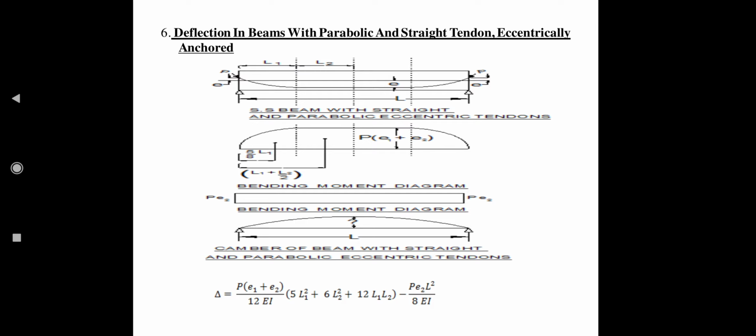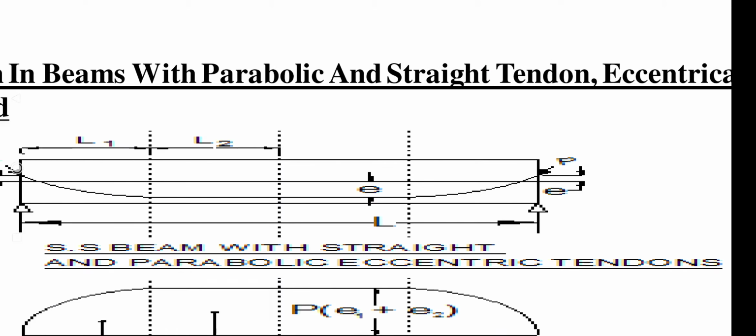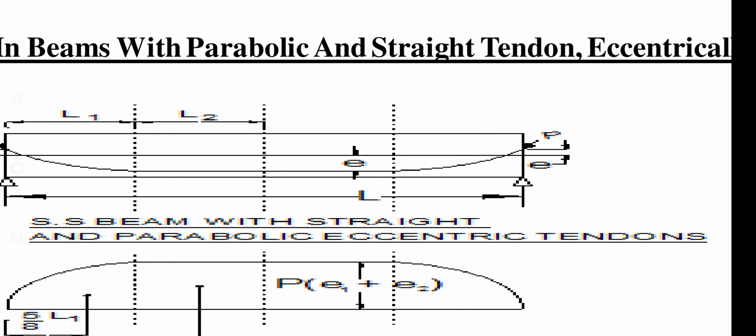Next condition is to calculate the deflection in beams with parabolic and straight tendons eccentrically anchored. So this is same as previous one, but the difference is here the cable is having eccentricity at the supports. In previous case the cables were having zero eccentricity at the supports, but here the cable is having eccentricity at the support.